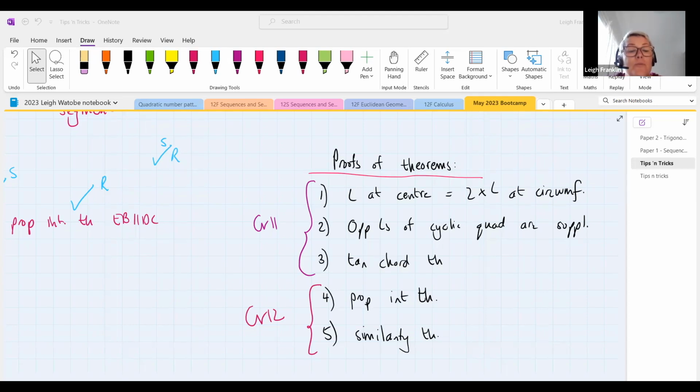And I'll go through the proof with you. I don't know if there'll be time today for me to do the similarity proof, but I can always do that with you guys at some stage as well. Okay, we're nearly there. Come on, textbook. All right, so what they will do is they will give you, let's just cut and paste this.